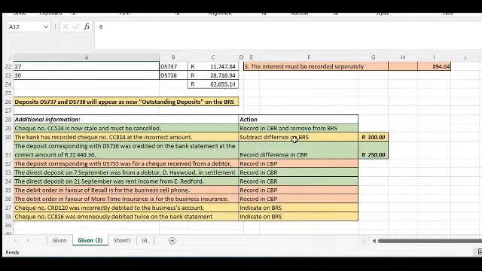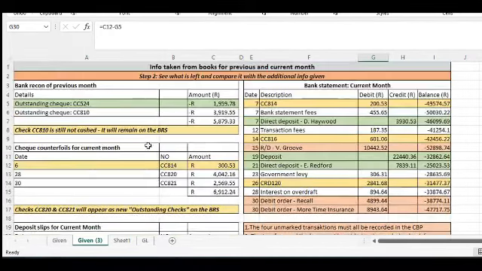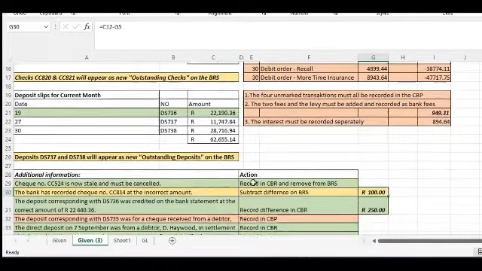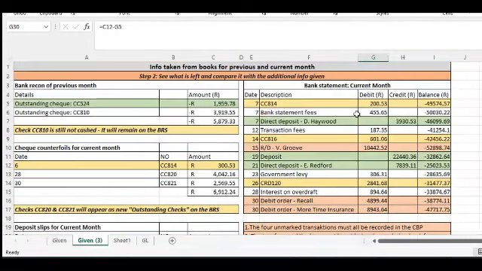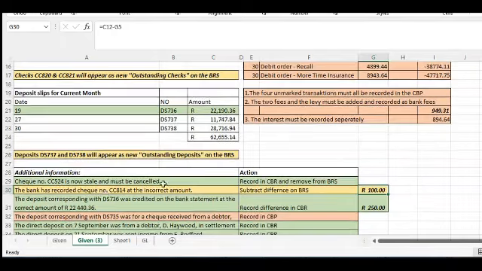I must subtract the difference on the bank reconciliation statement, and I've calculated the difference, and I see that the difference is 100 Rand. Okay, and so here I have made that entry. Because now I know that I have dealt with that incident in its entirety. So I mark it on the bank statement, I mark it on my check counterfoil list, and I've marked it here with additional information, and I said it is 100 Rand.